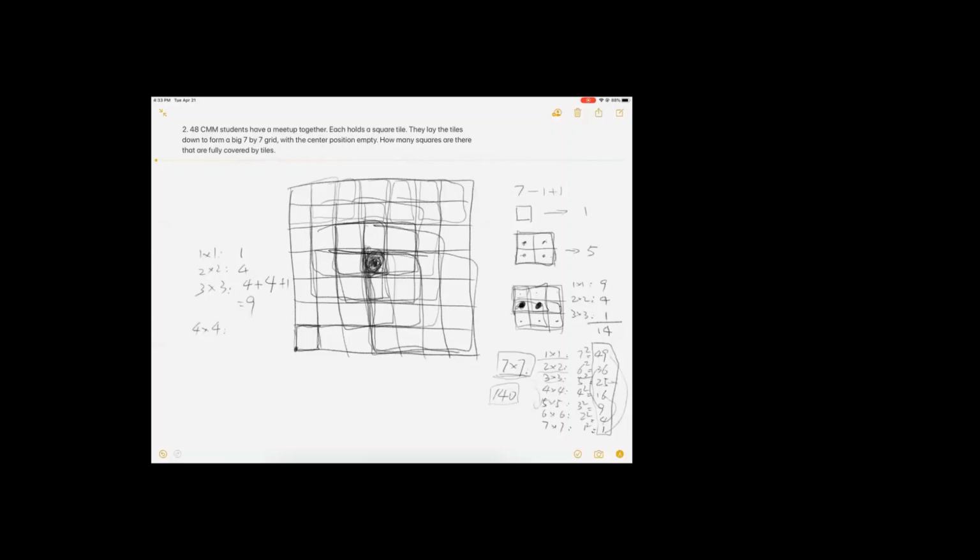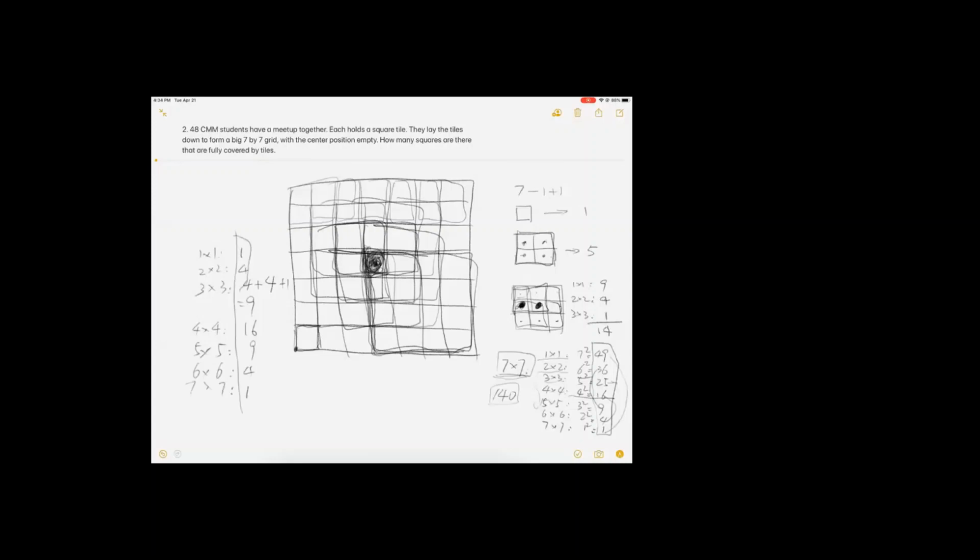So regardless where you put a 4 by 4 square, you have to have this square in the middle. So all the 4 by 4 squares is 4 squared equals 16. Okay. And all the 5 by 5 squares have to have the square in the middle. So you have 9, and 6 by 6, you have 4, 7 by 7, you have 1.